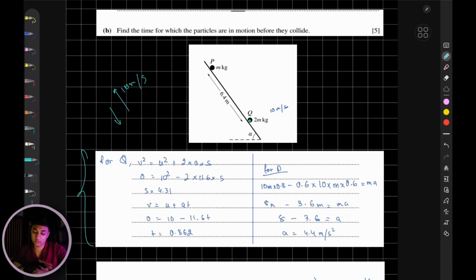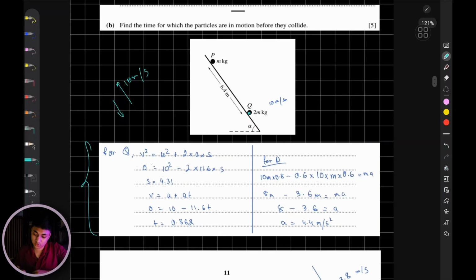So v squared equals u squared plus 2as. I know the final velocity is 0. At some point it has to be 0. Then u squared, initial velocity upwards, hence positive, 10 squared, minus 2 times the acceleration acting downwards, hence the negative sign, times s, the displacement that I'm going to find out. That is going to be somewhere around here. This is going to be your s.